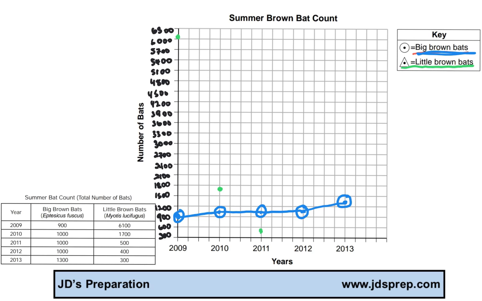In 2012, there were 400. And in 2013, there were 300 little brown bats. Now let's mark them with the triangle. And connect their dots.